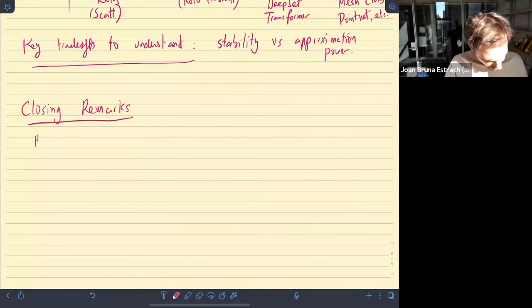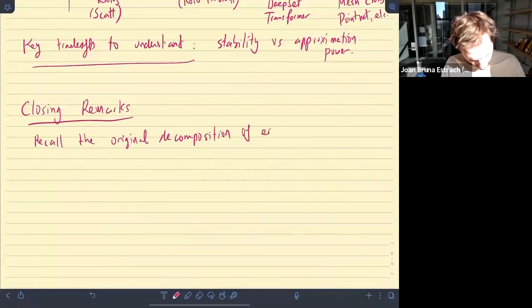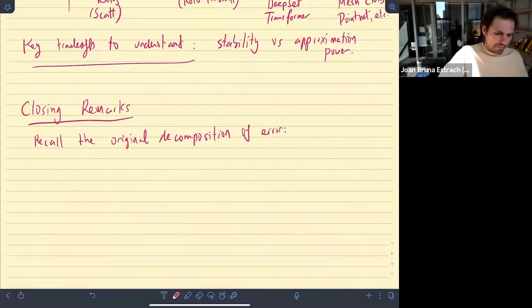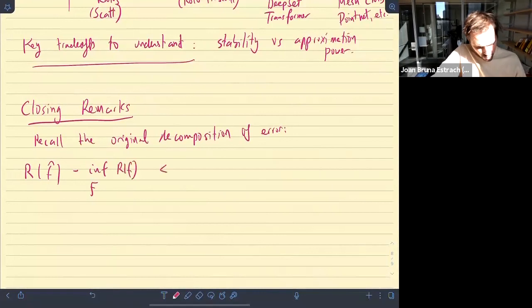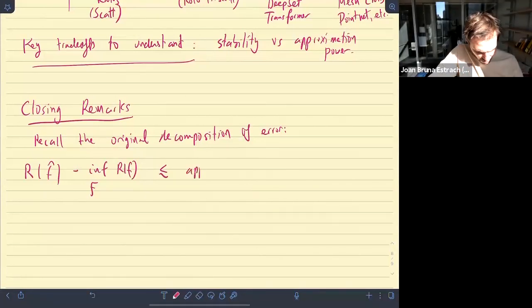We had this decomposition, where we said that the generalization error of our estimator, relative to the best in class, could be controlled with a term that involves approximation error, a term that involves statistical error, and a term that involves optimization error.